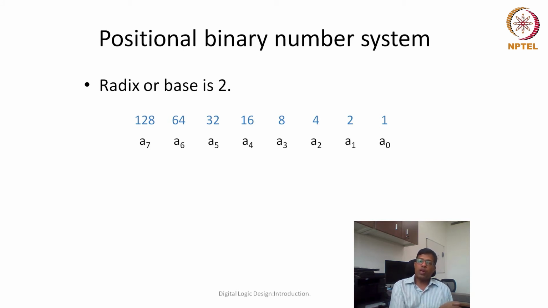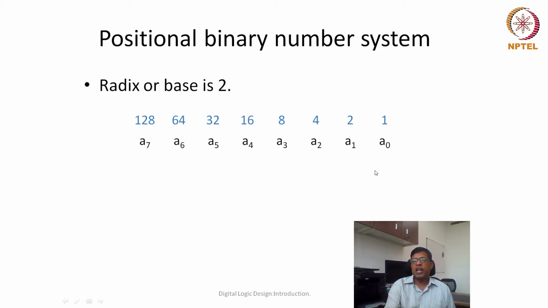As we move along the positions, my 0th place or units place will have a multiplication factor of 1, then the first bit would be multiplied with 2, the second bit with 4, the third bit with 8, so that means 2 to the power 3, 2 to the power 4, 2 to the power 5, 2 to the power 6, and 2 to the power 7.